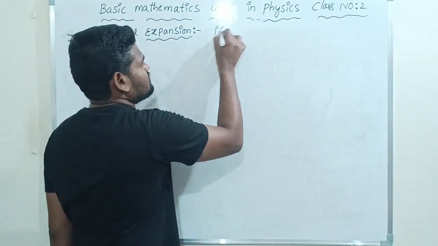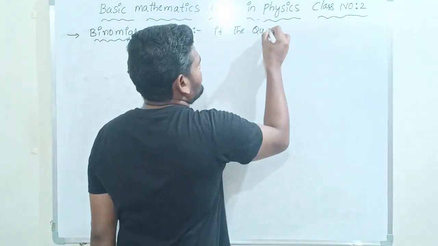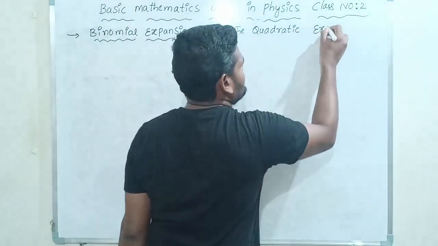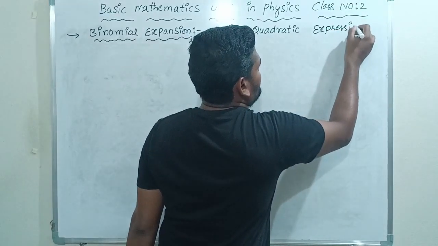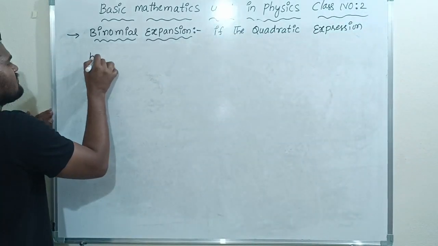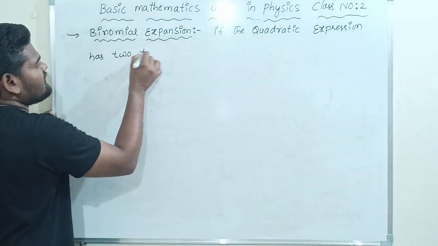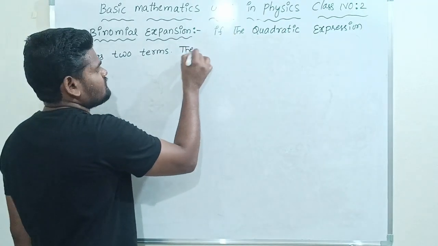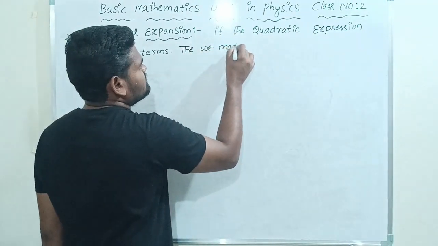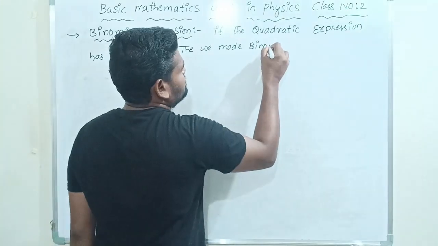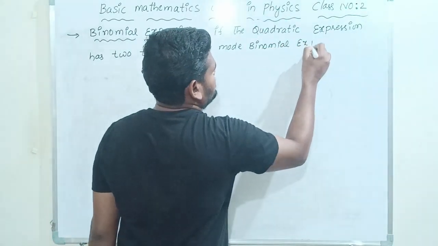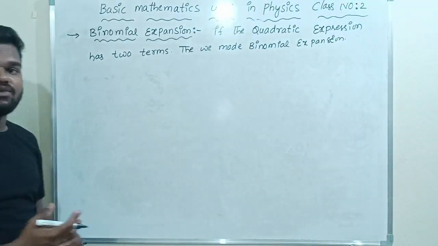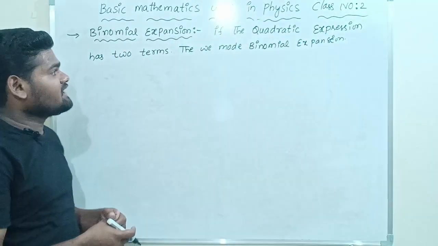If the quadratic expression has two terms, then we make a binomial expansion. So if the quadratic expression has two terms, then we have to make binomial expansion.